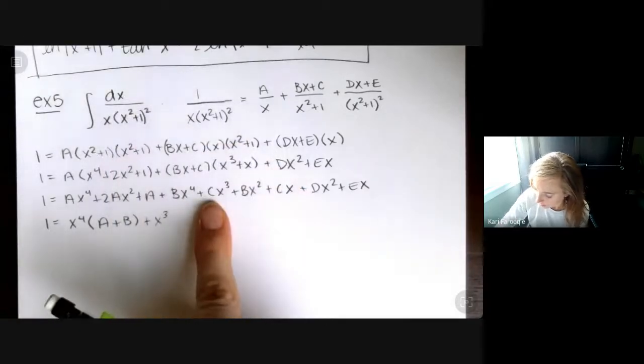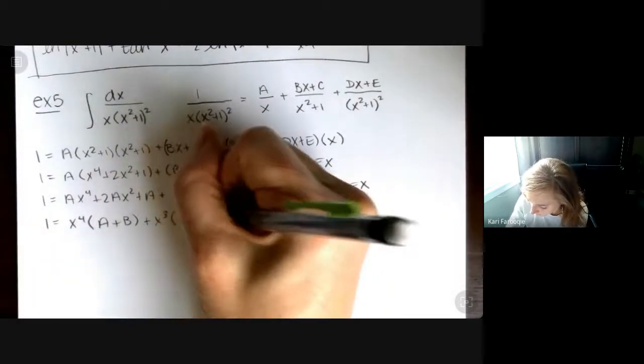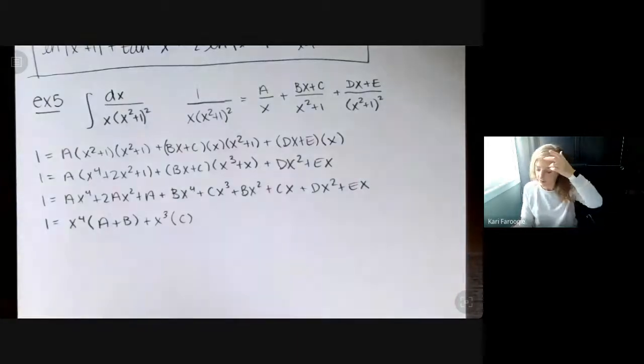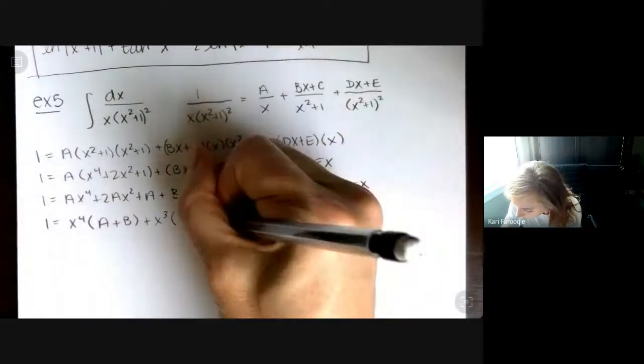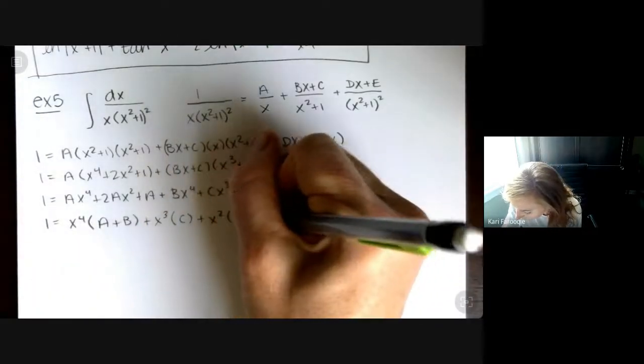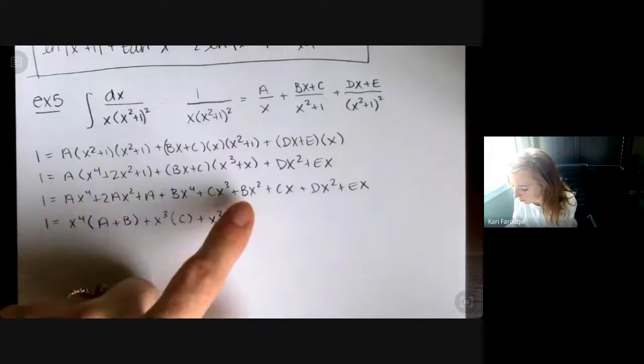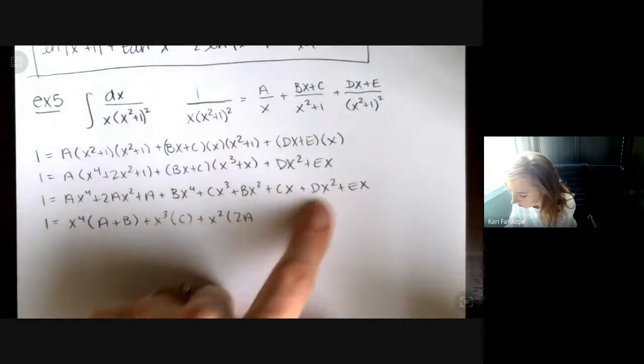I have cx cubed. Since you only have one of them, you can just write it as cx cubed, but I'm going to be methodical here. I'm going to go to my x squareds. I've got 2a plus b plus d.